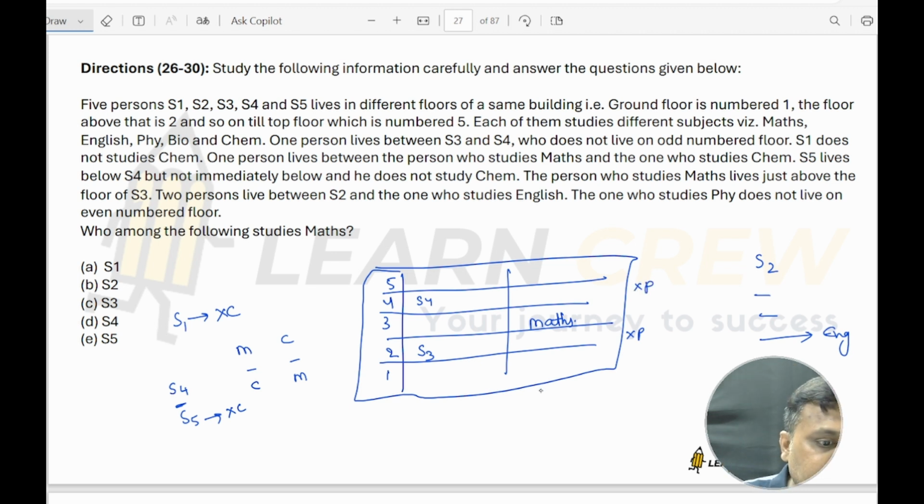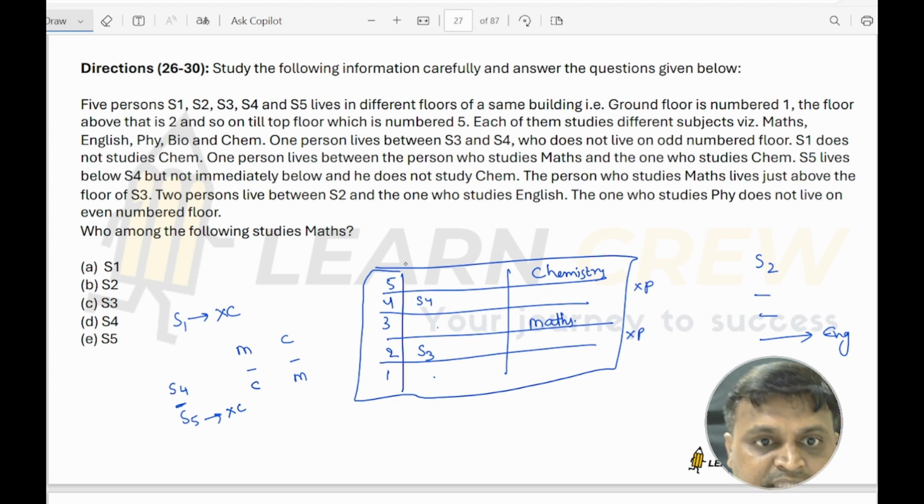Now where can we start? One person lives between the person who studies maths and the one who studies chemistry, so I can take chemistry here. If I take chemistry here, it will not be S5, so S5 can be this one or this one.